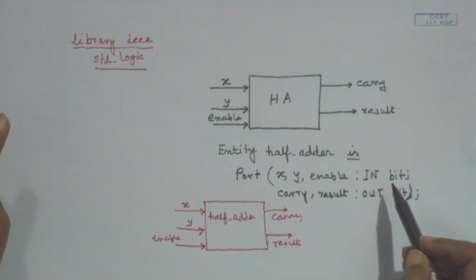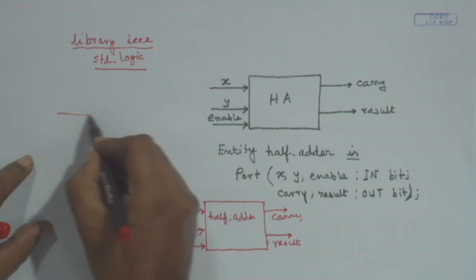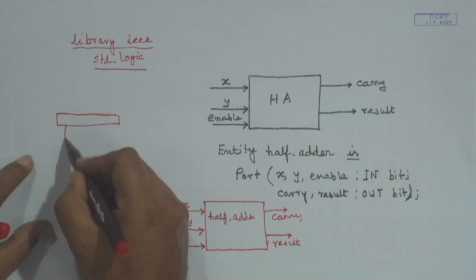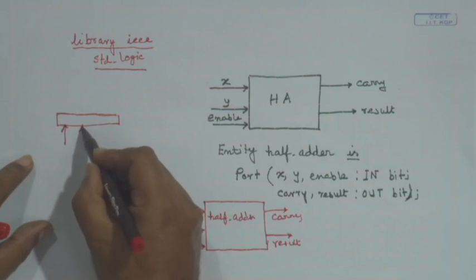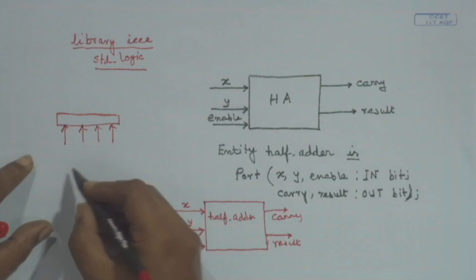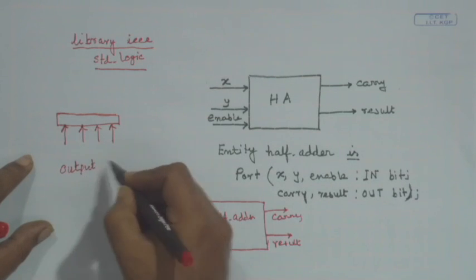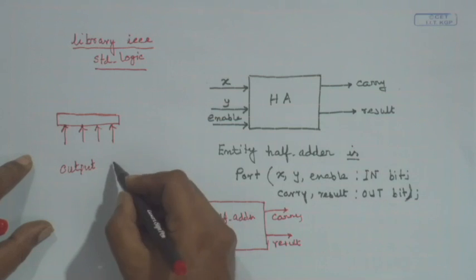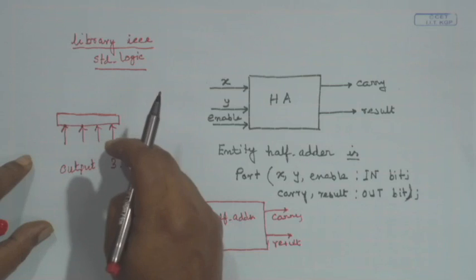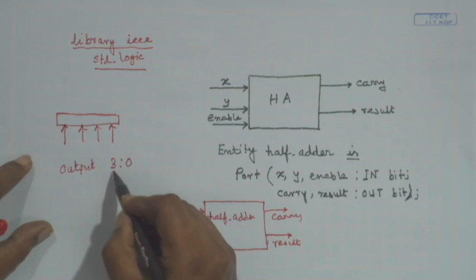we need not define those. Similarly, suppose I want to define, say, 4 bits coming here, suppose that is some output, I can say output to be 4 bits where 3 down to 0, that means 0, 1, 2, 3, 4 bits, this output is 4 bits output.